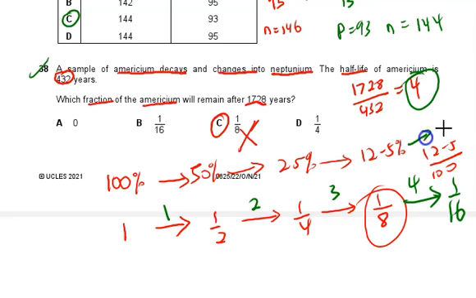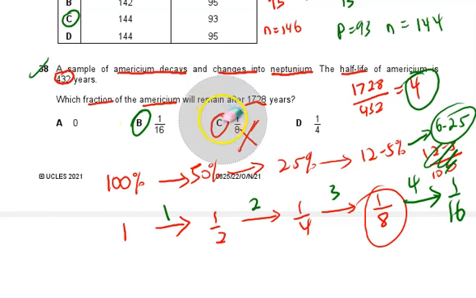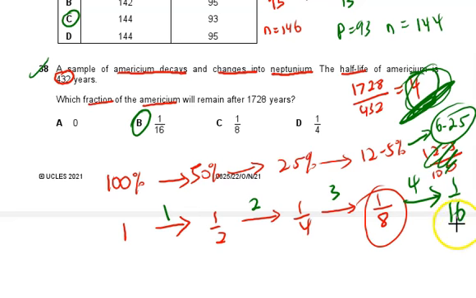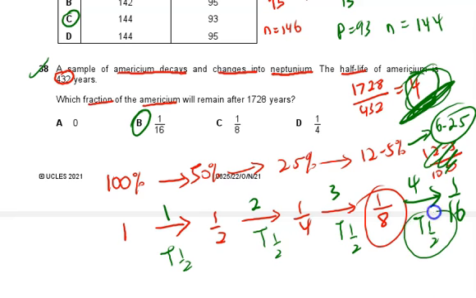So it should be divided into half, 6.25%. So this is not your answer. Your answer is supposed to be this. I'm very sorry, I never noticed this. Should be 4. So your answer you should have here about 4 half-lives: first half-life, second half-life, third half-life, and the fourth half-life. Okay, so 1/16.